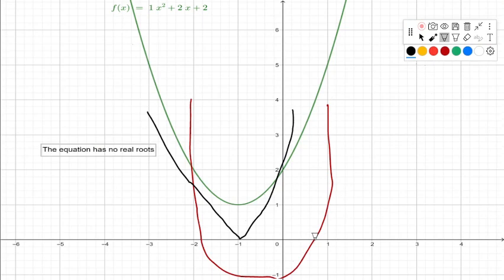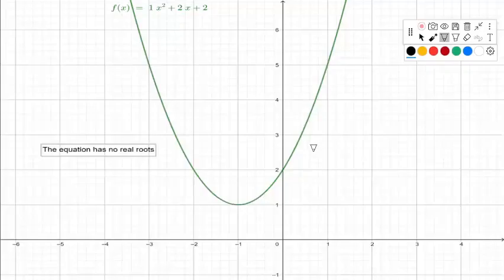This one touches the x-axis twice, this one touches once, but this green one that we just drew doesn't touch the x-axis at all, and that's why it has no real roots. Because the roots just mean the points where the graph intersects with the x-axis. Everybody okay?